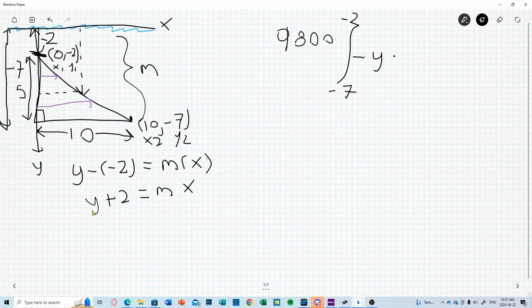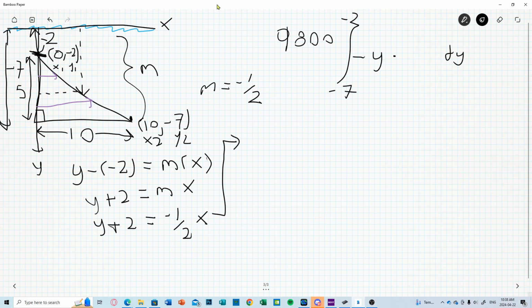But since we are in dy, we need to have the function with y. So we need to solve for x. So just divide both sides by m, but we remember m from before is negative 1/2. So it's going to be y plus 2 is equal to negative 1/2 x. Makes this nice and easy for you.